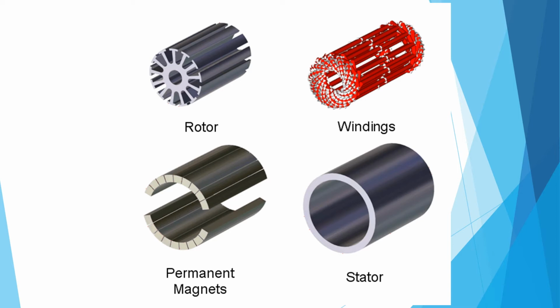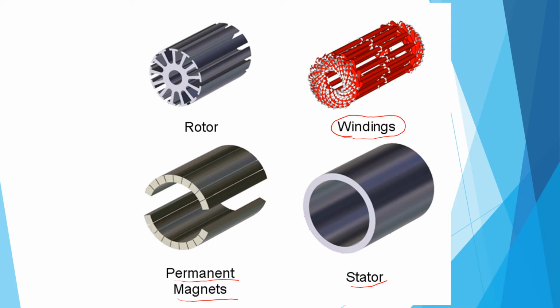So stator and stator winding, you can see from this image, and permanent magnet. In the case of the stator, in many applications people are using permanent magnets, rare earth magnets.